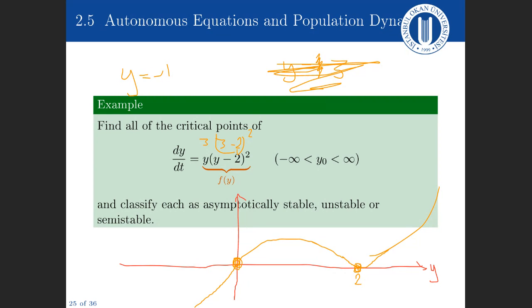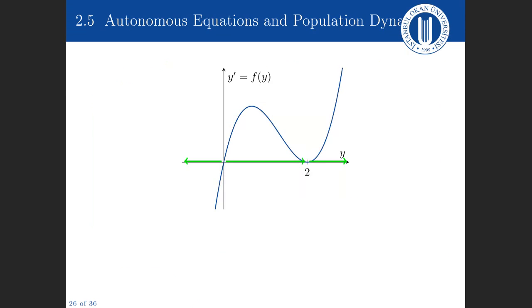And that's enough. We don't need a perfect graph. We just need to know where it is positive, where it is negative. And then we can draw our green arrows. On the left the graph is negative, so green arrow to the left, green arrow to the right because the graph is positive, and again, green arrow to the right.